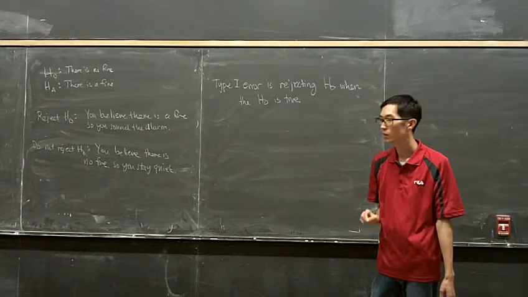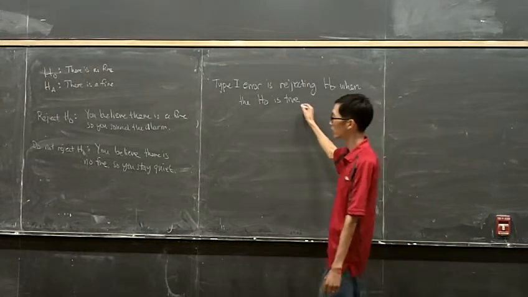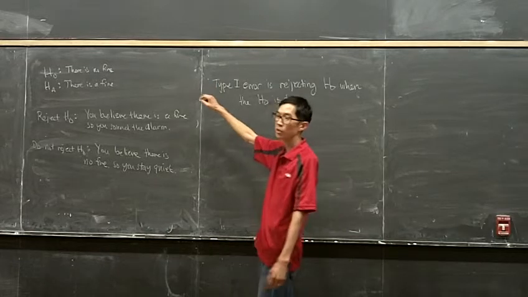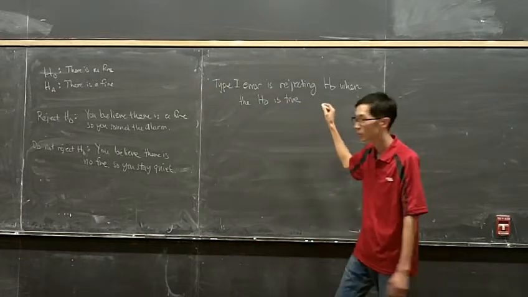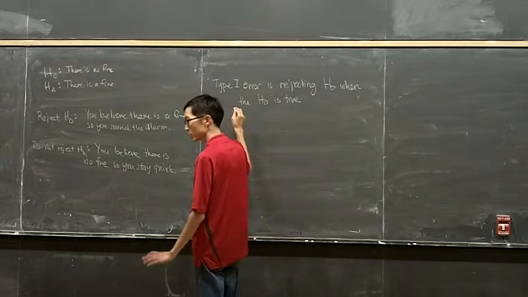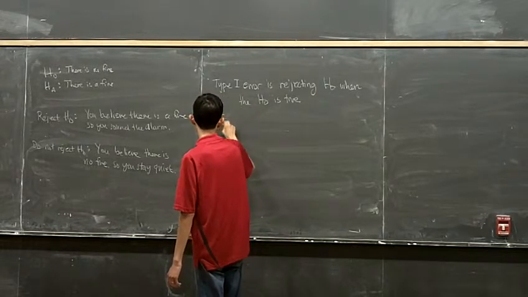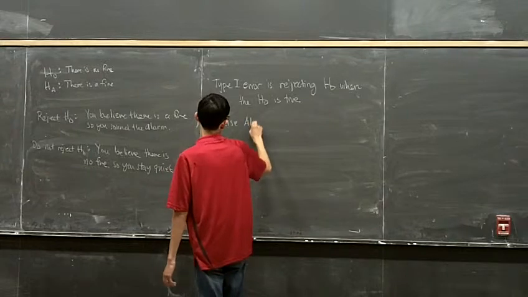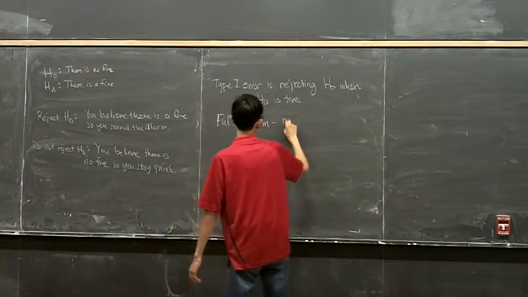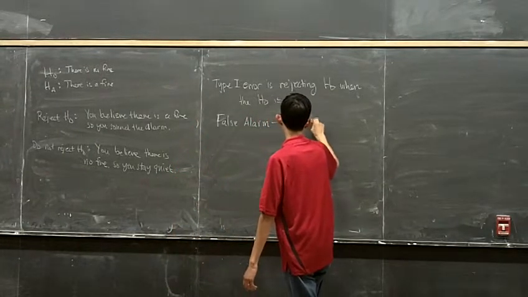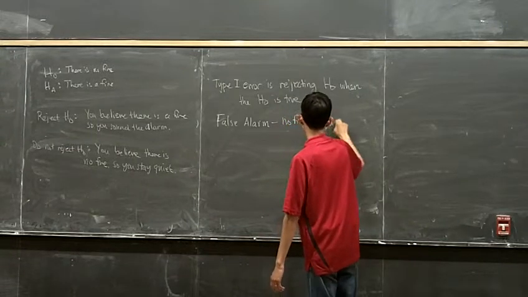You set off the alarm when there is no fire. The null hypothesis is true, there is no fire, but you rejected it, so you sound the alarm. So this is a false alarm: no fire, but you sound the alarm.